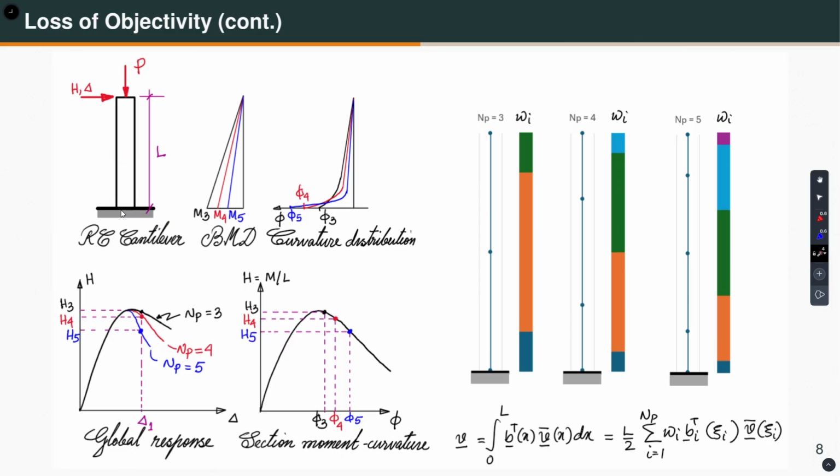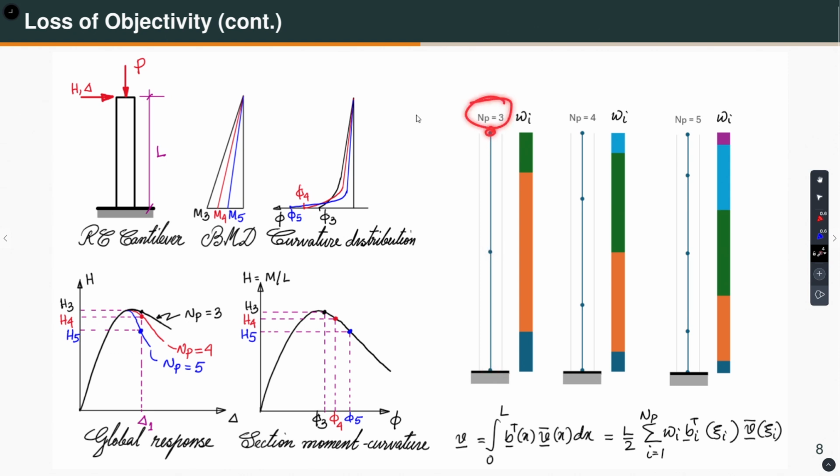Now, let us say you have applied some displacement delta 1. So, this is my lateral force versus lateral displacement. So, at this displacement, let us say the lateral force is H3 when I am using 3 Gauss-Radau integration points, okay. So, here I am showing this is the cantilever, here is integration point 1, 2 and 3.